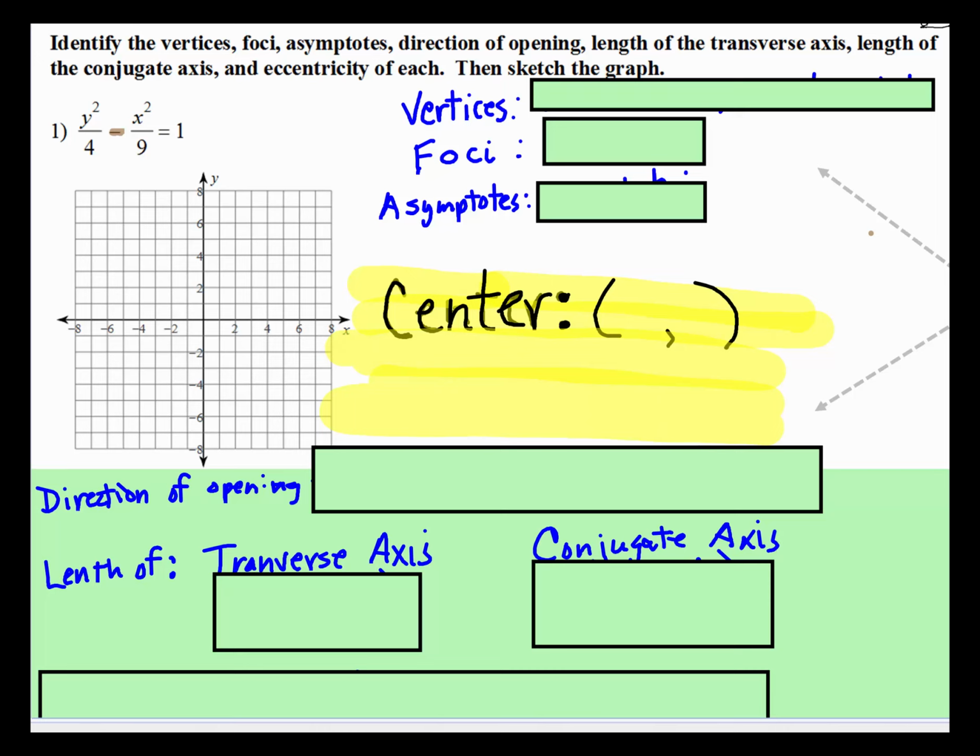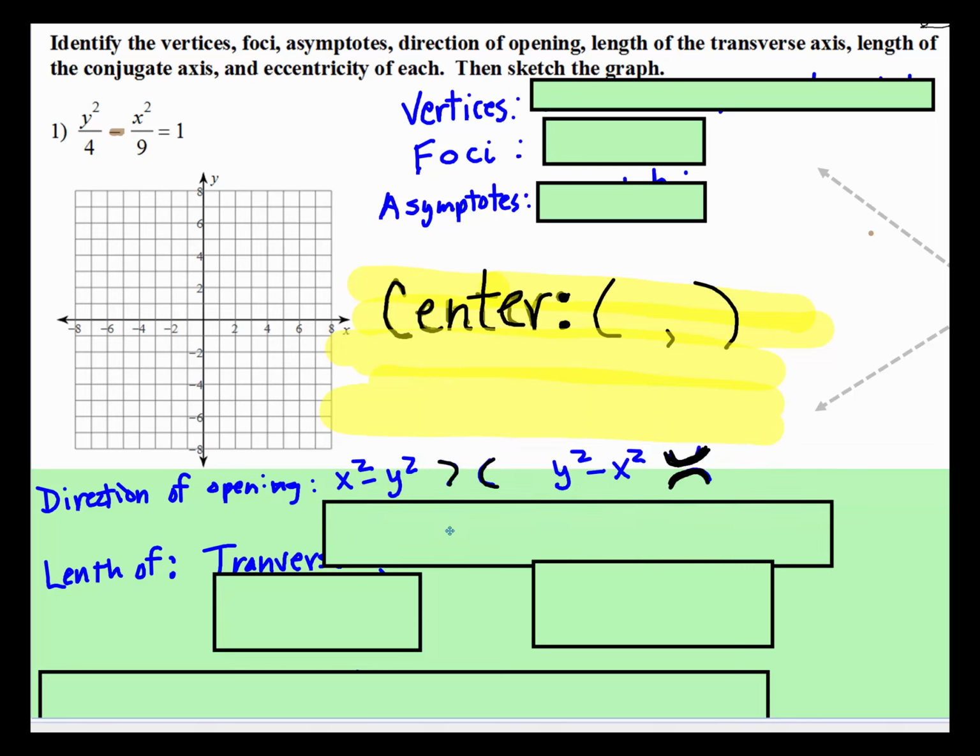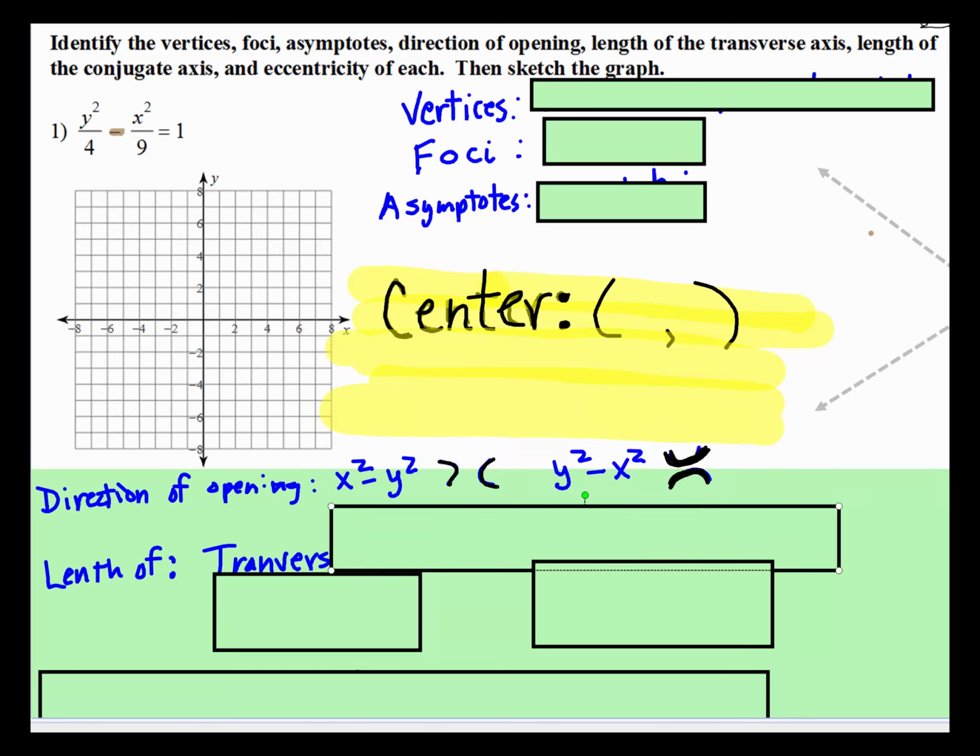If it's y squared subtract x squared, we're going to have a hyperbola that opens up and down. And when it's x squared subtract y squared, it's going to be opening left and right. Try to look at that first so you don't draw the diagram incorrectly.